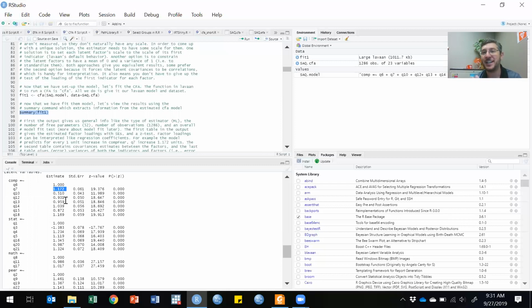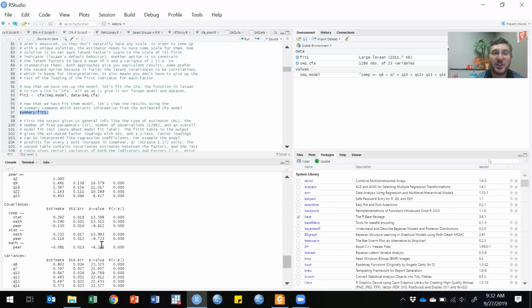That indicates there's a problem. We call them Heywood cases. Remember, these are unstandardized factor loadings, so don't freak out right now that they're greater than 1. They're not standardized yet. Remember, question 3 loaded negatively on the stat fear items. That was the item standard deviations excite me. You can still see that is going on.